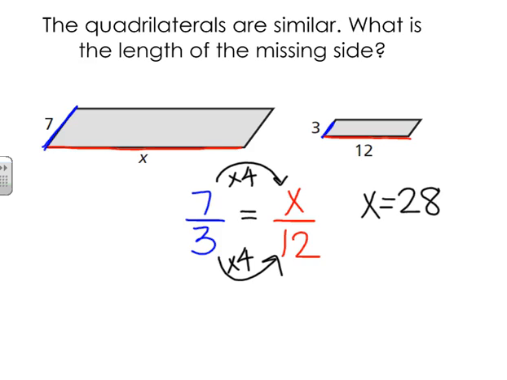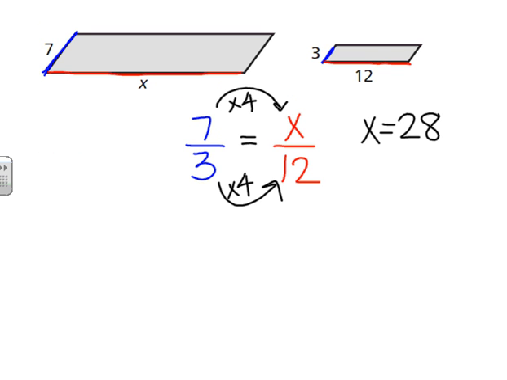Just so you can start to see, we can also set up our proportion and do 7 over x equals 3 over 12. So that would be a within figure relationship. The first one was a between figure because I was going from the big one to the small one. Now I'm going from the short side to the long side within the same figure.